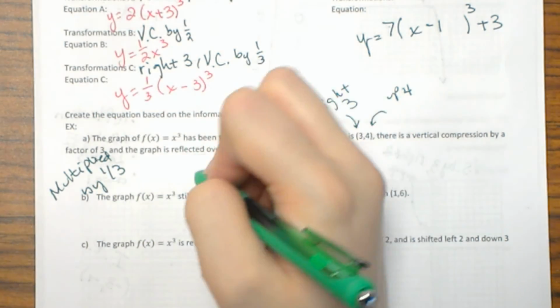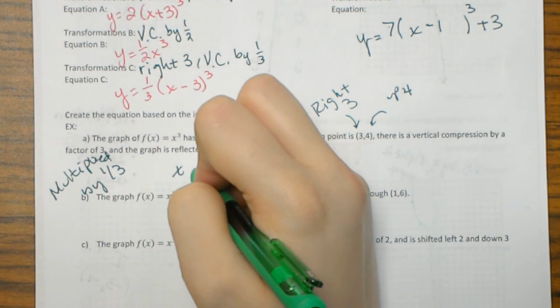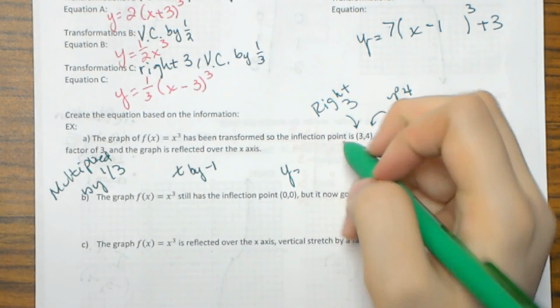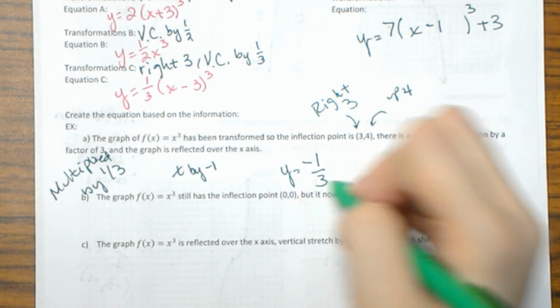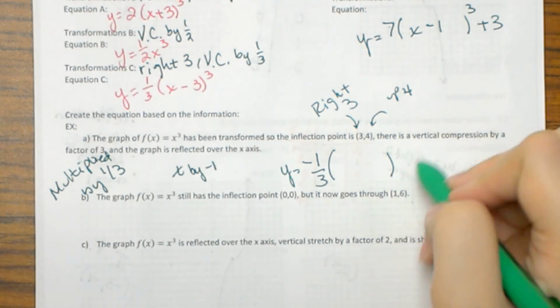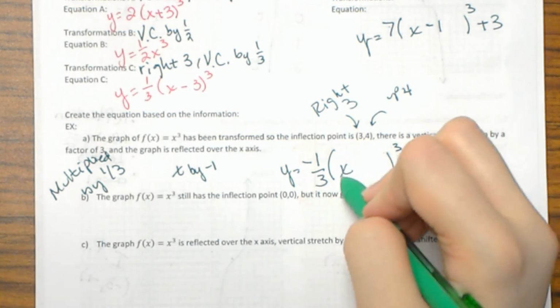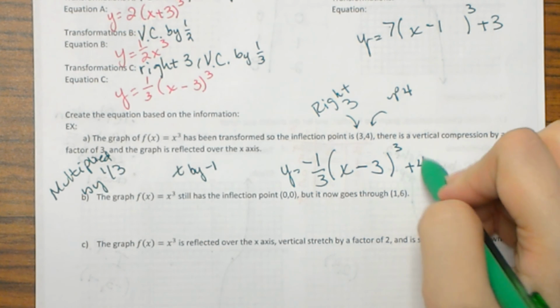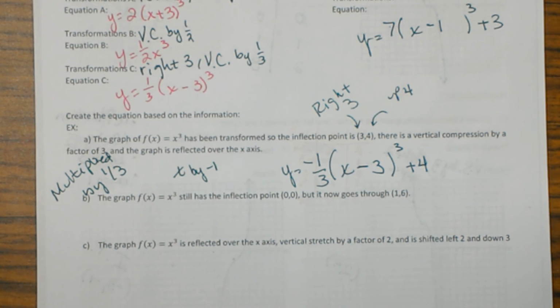And the graph's reflected over the x-axis, so I multiplied by -1. So when I put those two together, I multiplied by -1/3. So to show I went right, I subtract. To show I go up, I add on the outside.